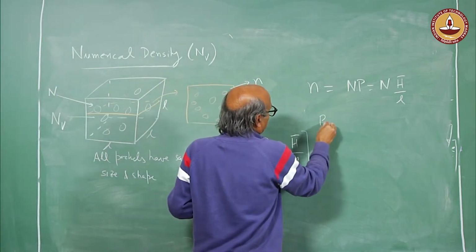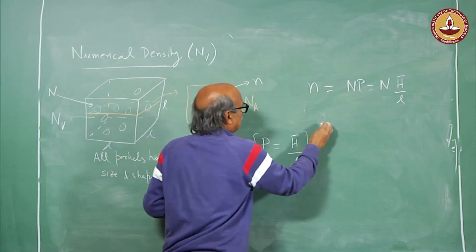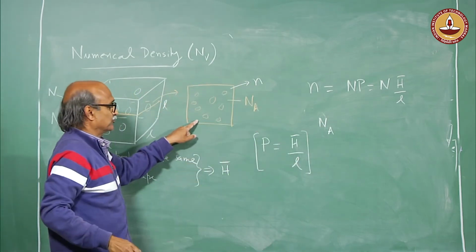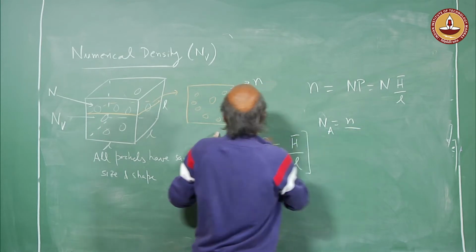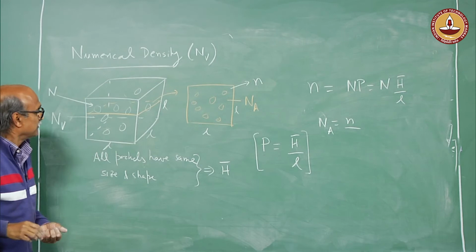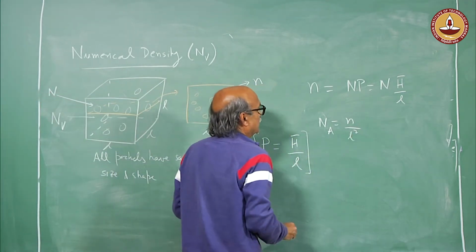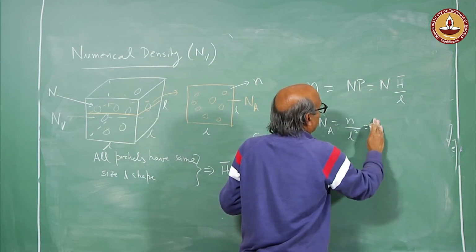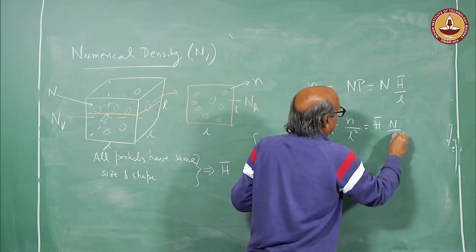To get number per unit area on my two dimensional microstructure, I have to divide small n by the area of my image, which is L square. So, n upon L square. Here also I need to divide. So, this would become h bar times N upon L cube.